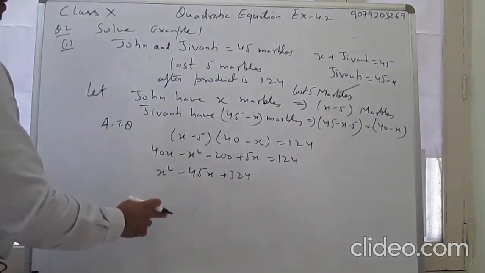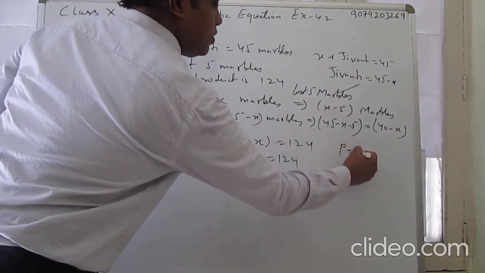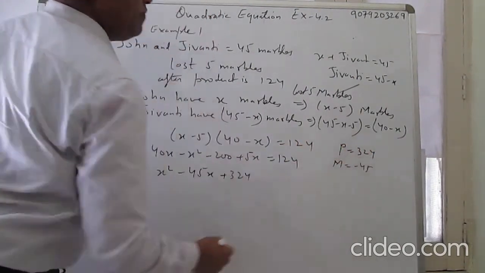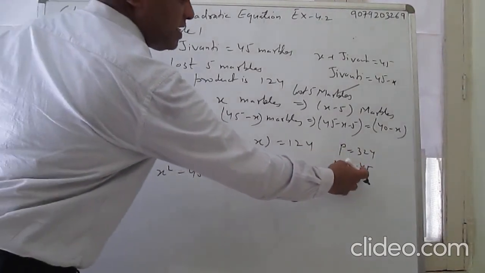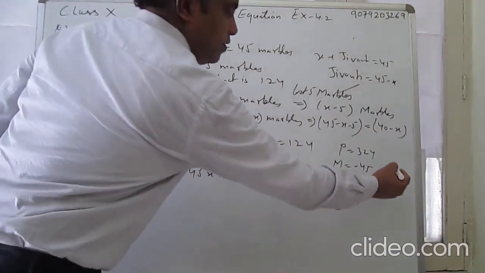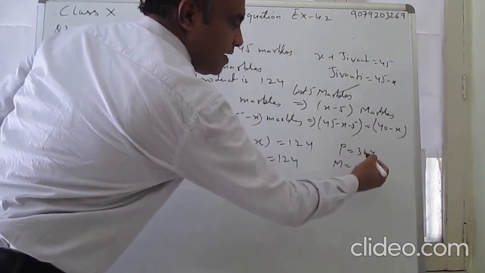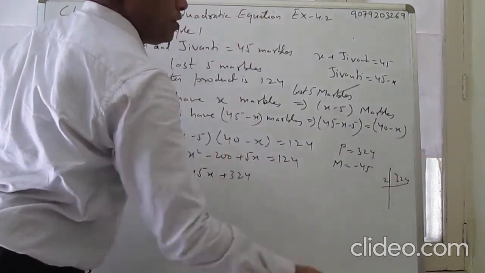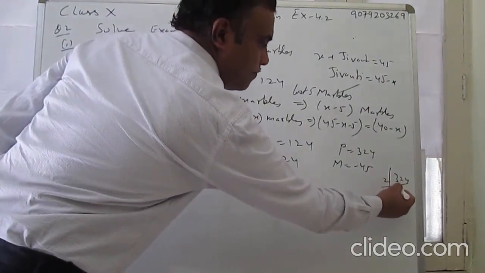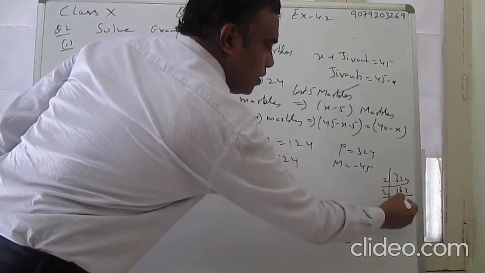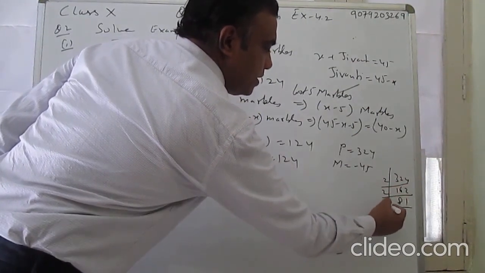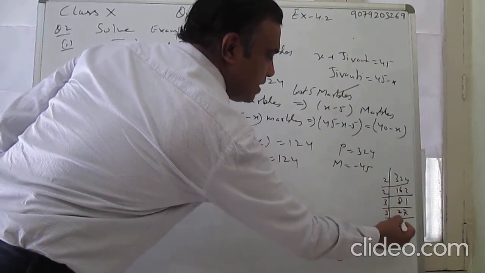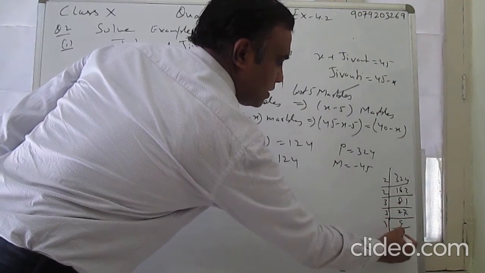Now factorize it. What is the product? 324, and what is the middle term? Minus 45. How should we factorize 324 so that minus 45 comes? So factors of 324: divide by 2 to get 162, then 81, divide by 3 to get 27, divide by 3 to get 9, 3, 3.